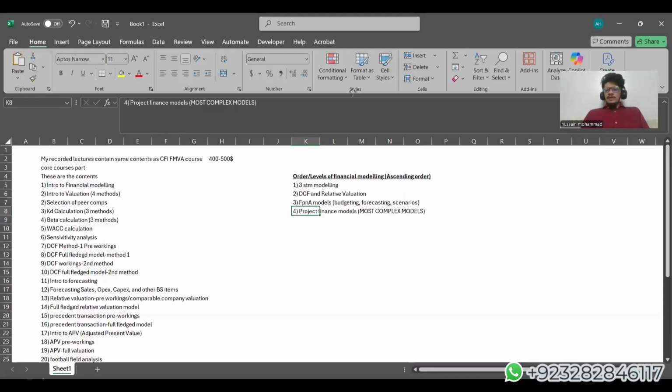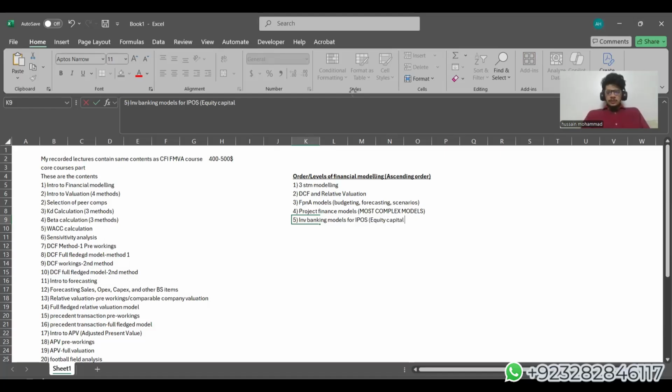Right now, I haven't even learned project finance because it involves raising multi-million dollars of debt, multi-million dollars of equity models, IPO models. IPO models come in investment banking models, for IPOs, which is your equity capital market.